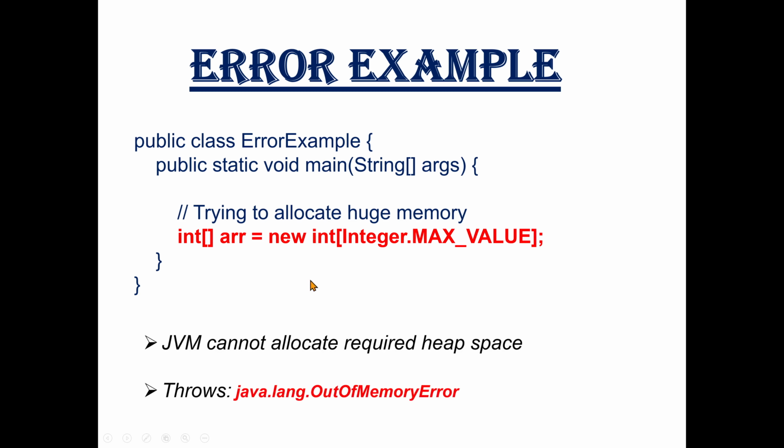Whenever we try to allocate memory for this, it will throw the OutOfMemoryError because the JVM cannot allocate the required heap space. The size required for this variable goes beyond available memory. That's why it is throwing OutOfMemoryError. So this is one example of an error.